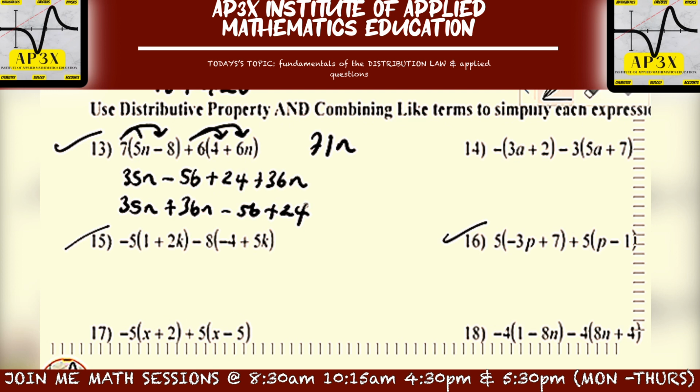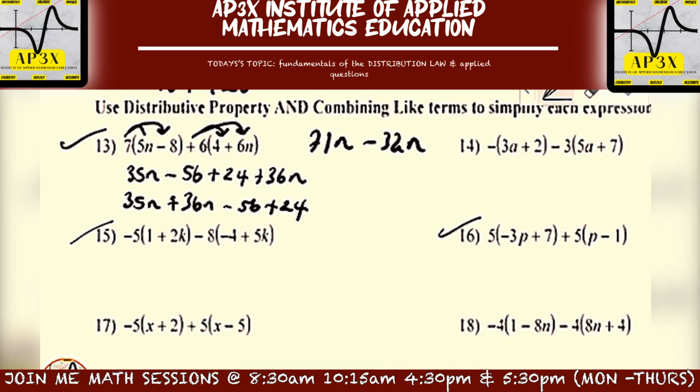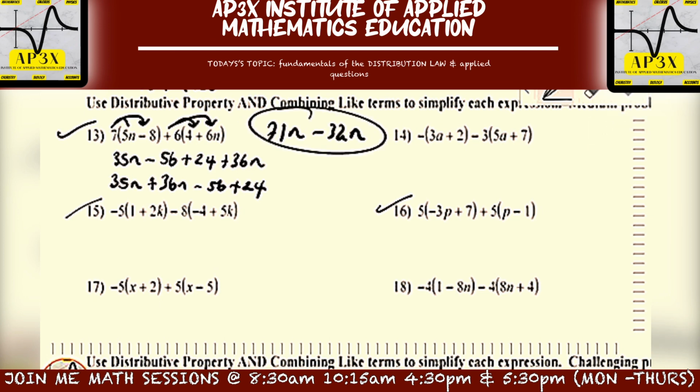So let me see here, is it 32? I think it's 32. So yes, it's negative 32. Let's double check on that. Yes, it is negative 32. So you owe 56, you have 24. Pay the 24 that you have, you owe 32. And that is your simplified answer.